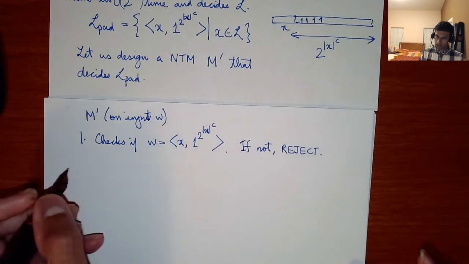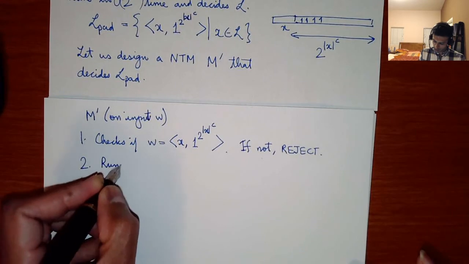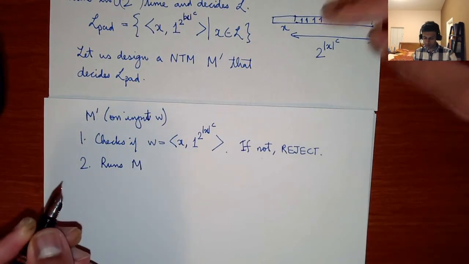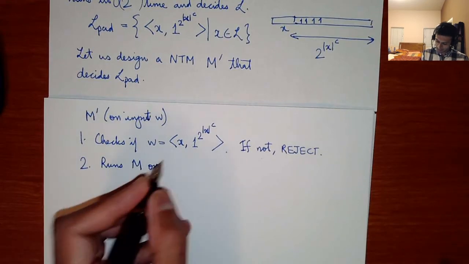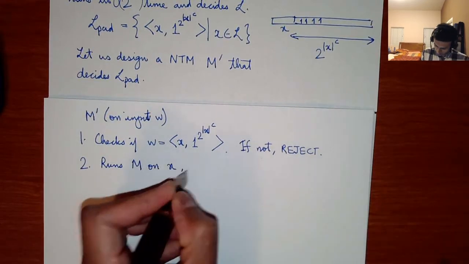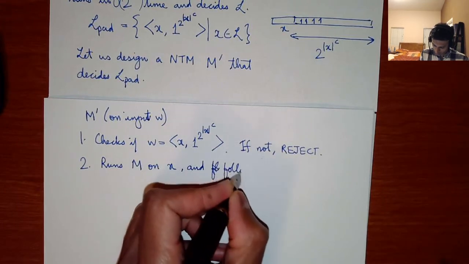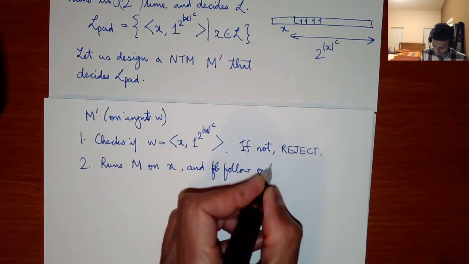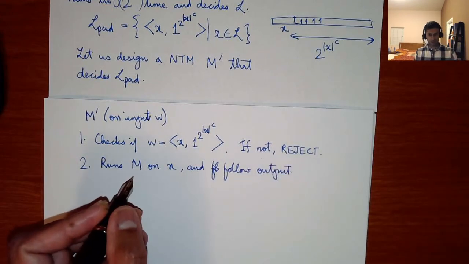Okay, so suppose it is, then it runs M. Remember, M is the Turing machine that decides L. Run M on X and simply follow the output, meaning that if this accepts, then accept, otherwise reject.